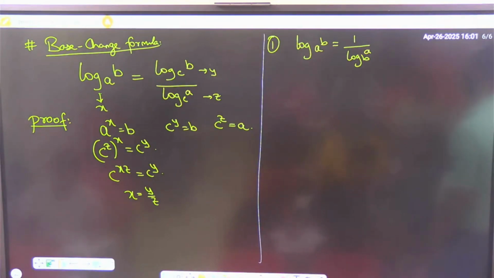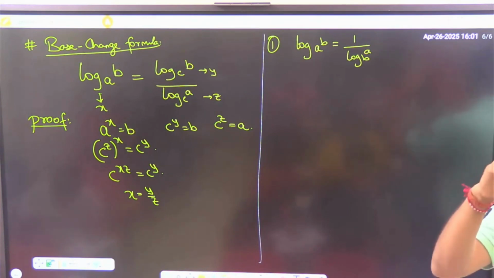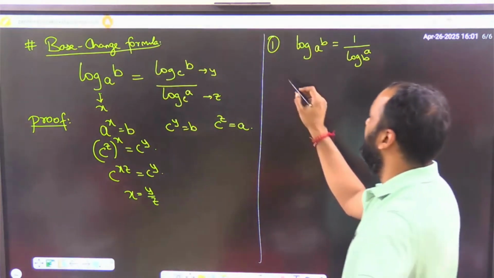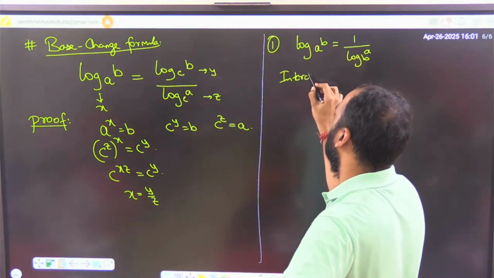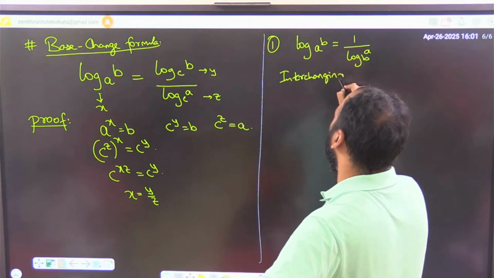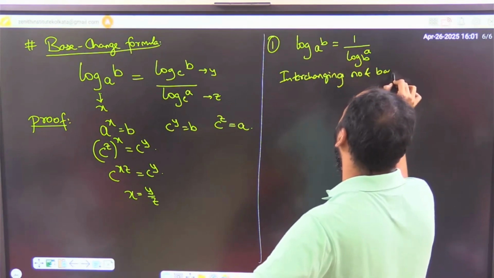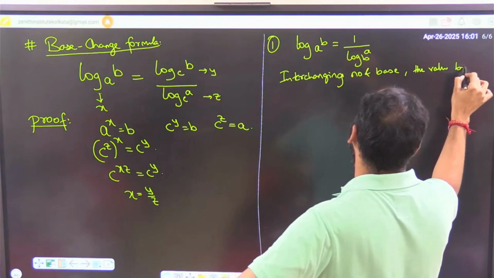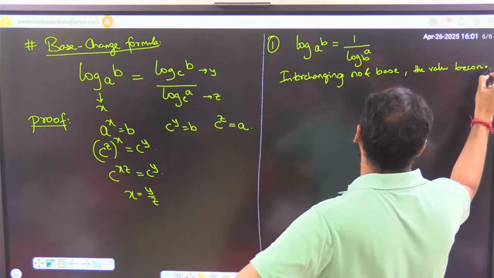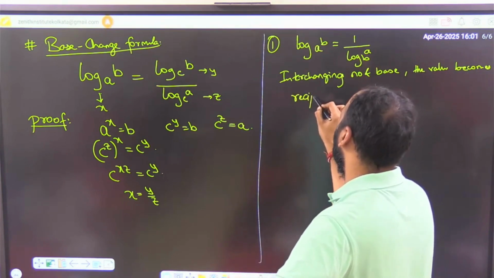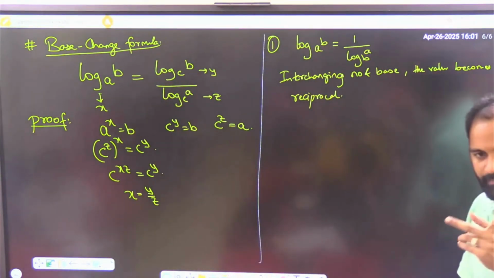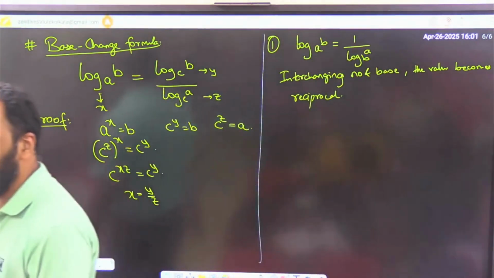So we have log b to the base a is 1 by log a to the base b, which is like saying in a log, if we interchange the number and the base, the value becomes reciprocal. That's how you have to remember it. Interchanging the number and the base, the value becomes reciprocal.